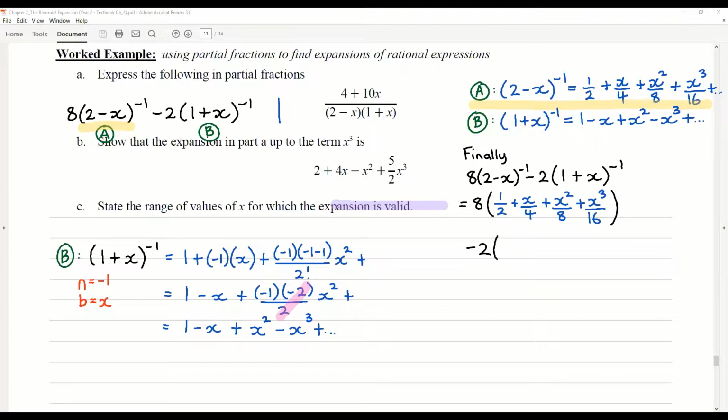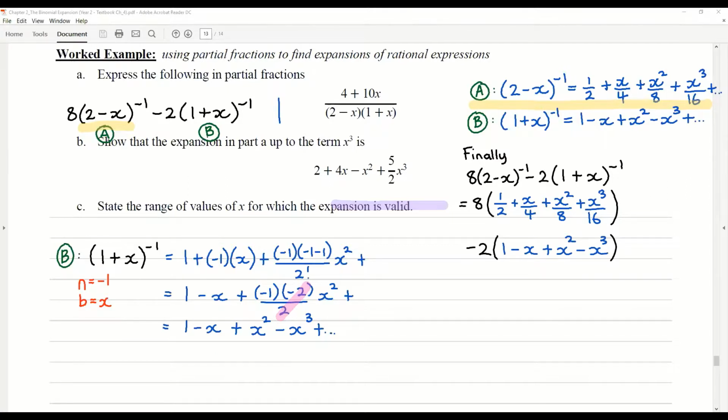Now that is more straightforward, isn't it? So it's going to be 1 subtract x, add x squared, subtract x cubed. Okay. Notice that I'm not putting the plus dot dot dot here. It's not specified in the final expression. Okay, it's just up to and including the x cubed term.